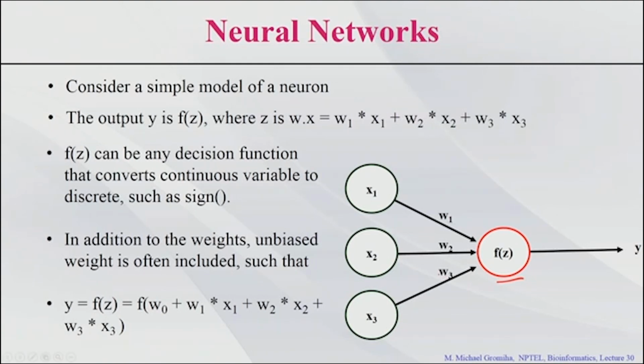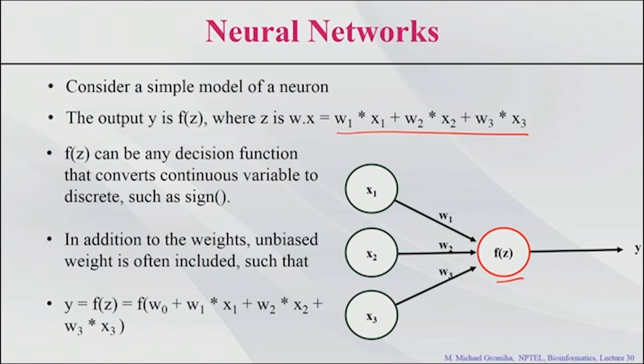The function f of z you can write in terms of the weights and the inputs: w1 into x1, w2 into x2 and w3 into x3. This can be any decision function. Depending upon your sign, for example if it is plus, then this is one class, and if it is minus, it is the other class. You can use any sign function to assign which class it is.